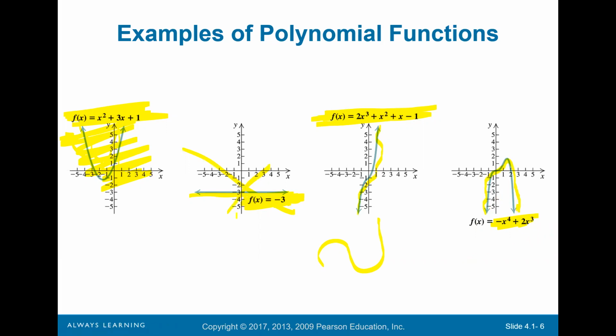This is a constant. It's a constant because the x has a 0 power on it. They have a 0 power, but yet there is something going on, right? It doesn't look like example 1 because example 1 is a quadratic, whereas example 4 is raised to the 4th power.